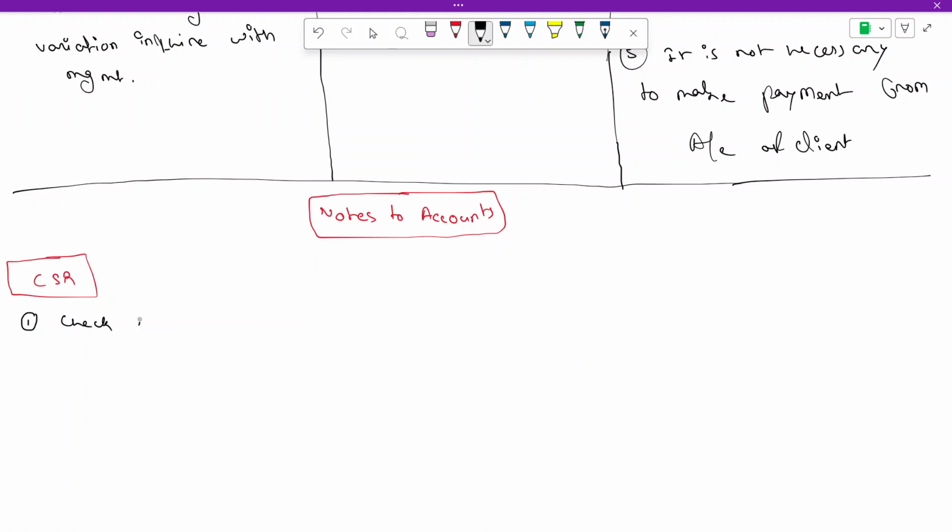Check the amount required to be spent. Check the amount actually spent.